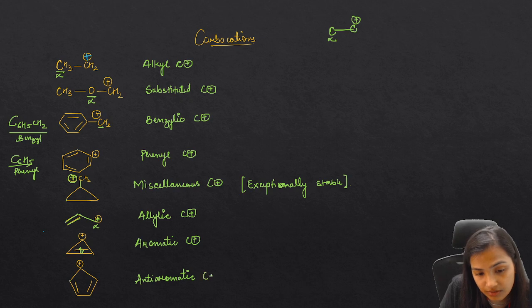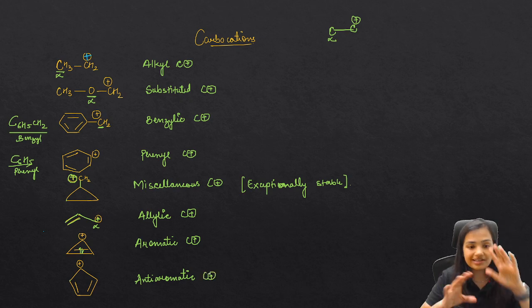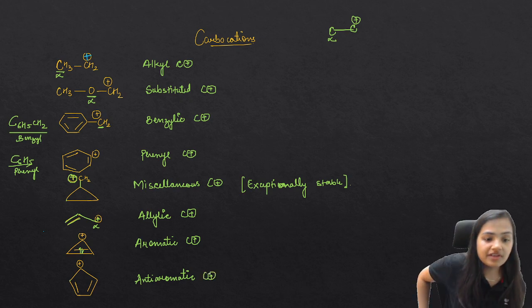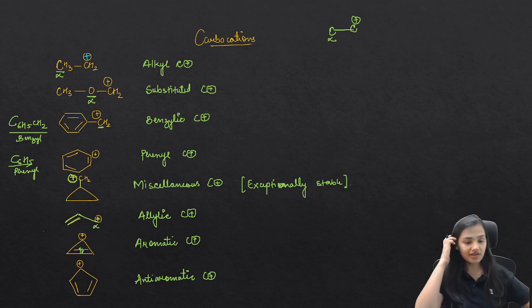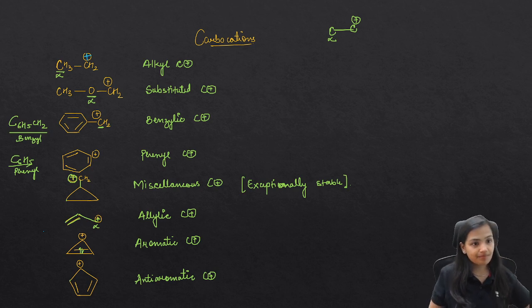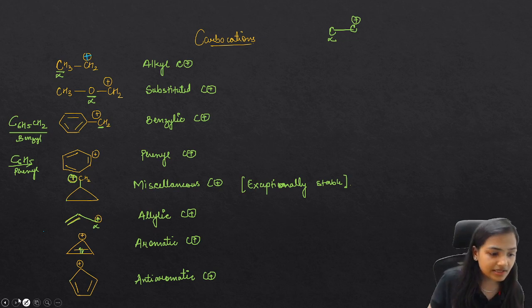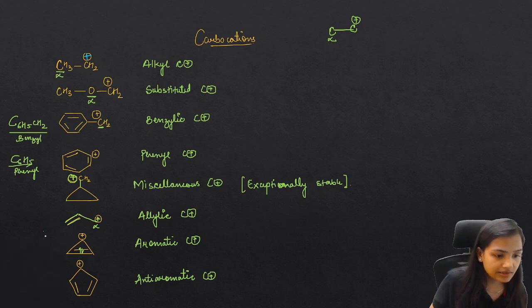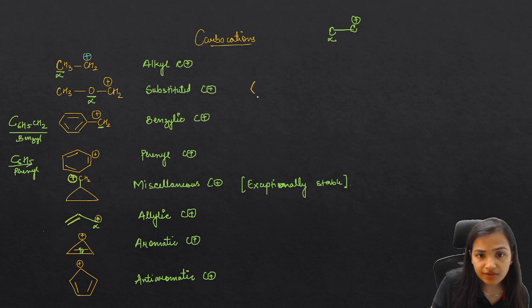Anti-aromatic carbocation. Got it? So this is the criteria in which we have distributed all the types of carbocations: alkyl, substituted, benzylic. So what type of carbocations basically they are? Okay, so this is it. If you have any other example like this, let me give you an example where you have a benzene and this is your carbocation, and here the OCH3 group is substituted.